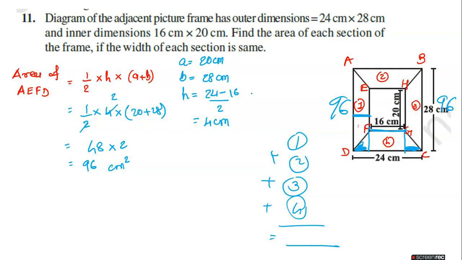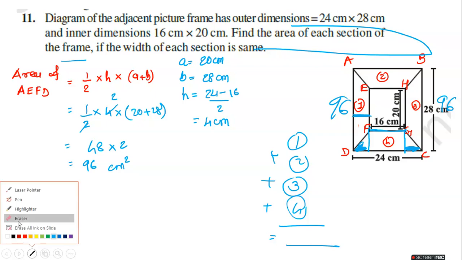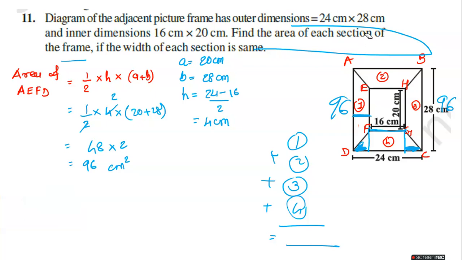Because here, see, find the area of each section of the frame. Area of each section is asked, particular. Total is not asked actually. So that is up to you. If you want to find the total, then you can write down the total also. Nobody will cut your marks.